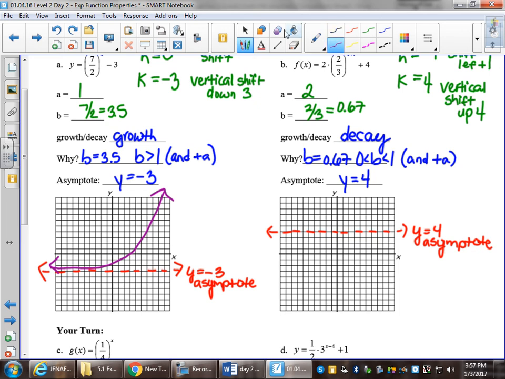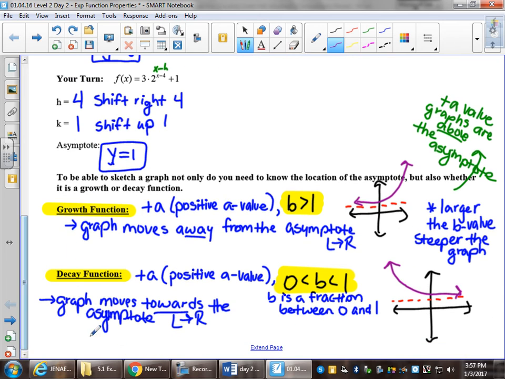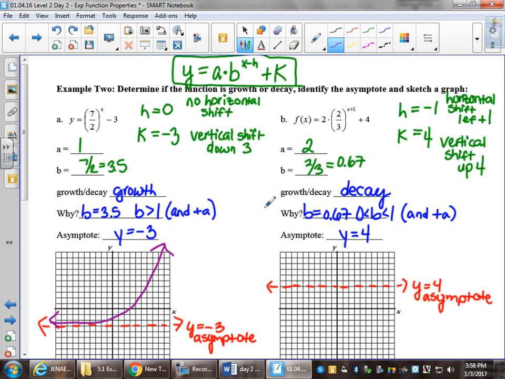Decay means the graph moves towards the asymptote left to right. And we're done.